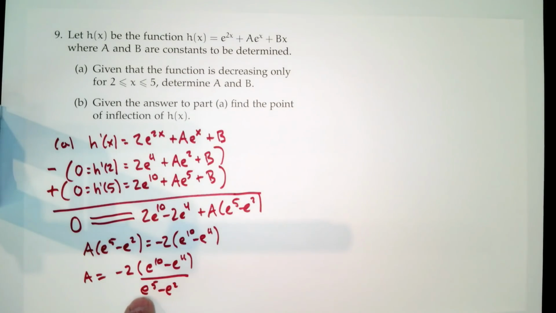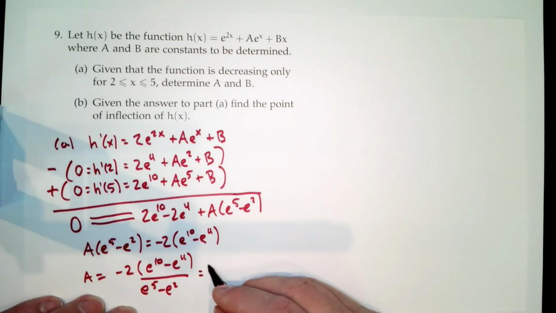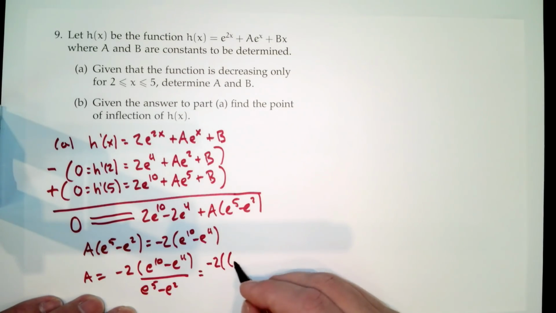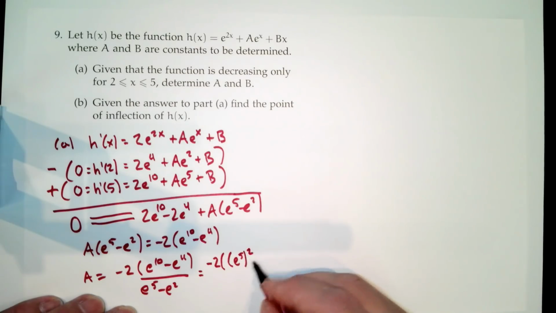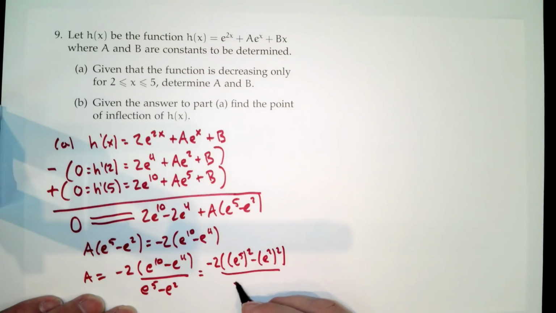So e to the 5th squared is e to the 10th. How about e squared and e to the 4th? It's also a square. So in fact, this is e to the 5th squared minus e squared squared, divided by e to the 5th minus e squared.